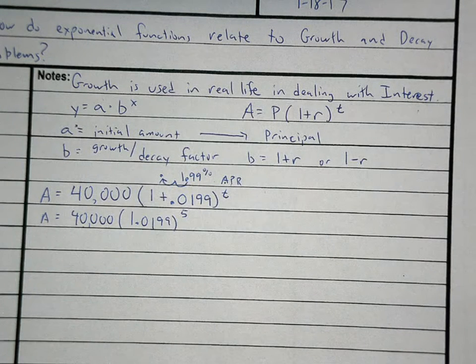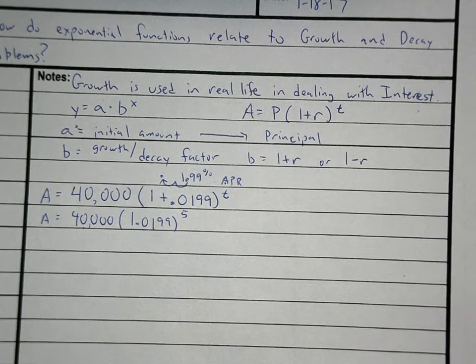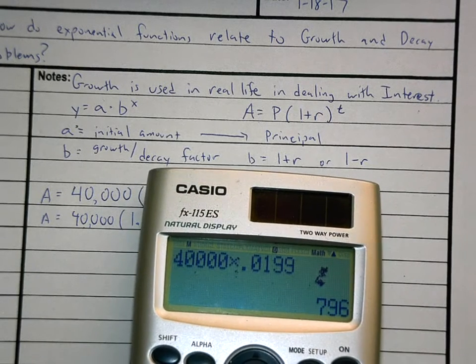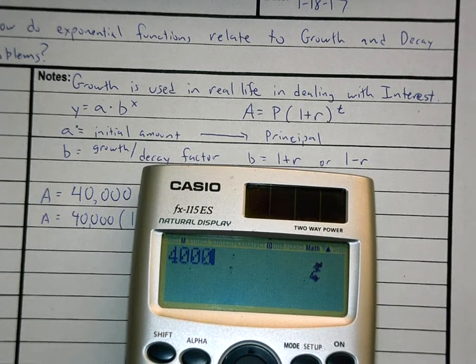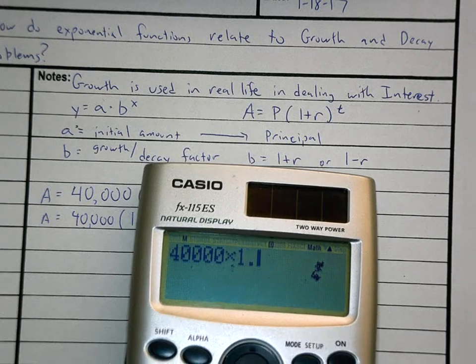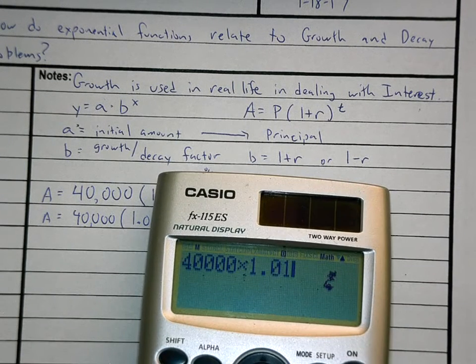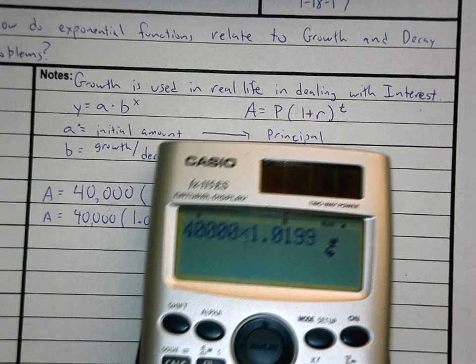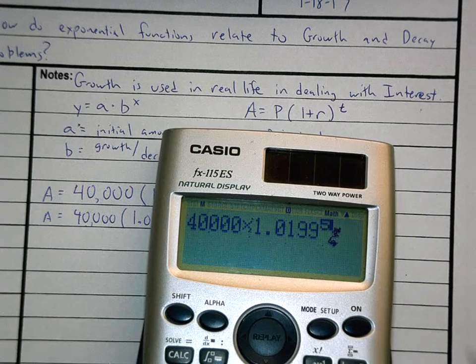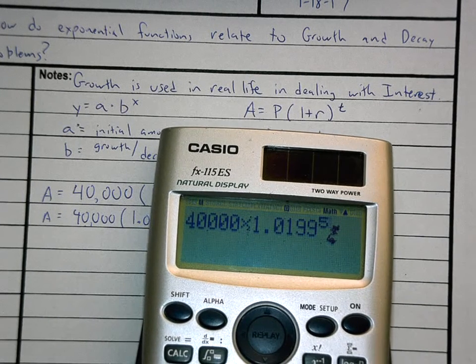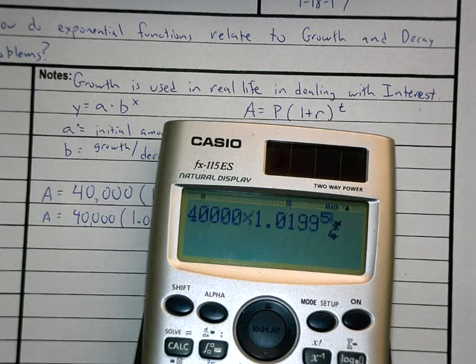That's usually what most car commercials or car places put out. So if I were to actually type this in, how much do you think it is? Let's do this: 40,000 times 1.0199, and I'm going to raise that to the 5th power because we're going for 5 years. That's how most of those terms are. Some are 6.